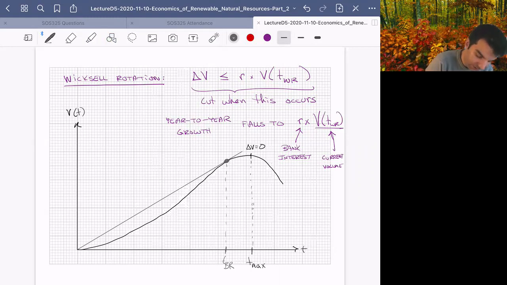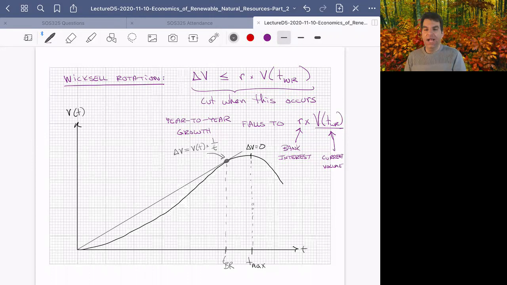So the biological rotation is where delta V falls to basically VT times 1 over T. So it falls to the MAI. And I wrote it that way as a product for a reason which I hope will become clear in a second.